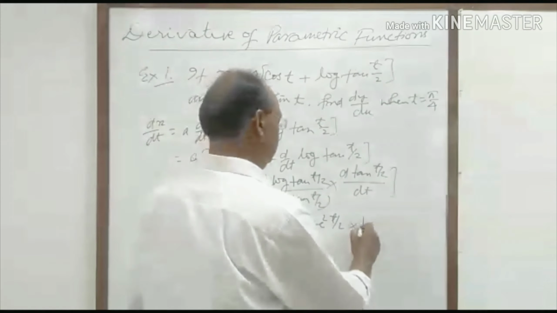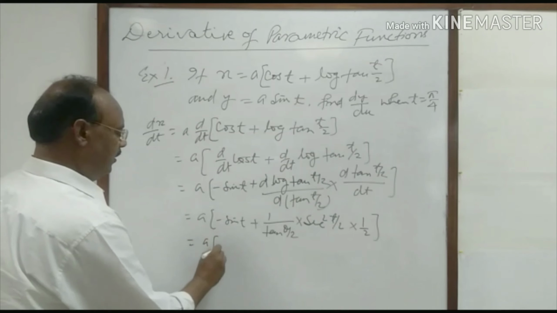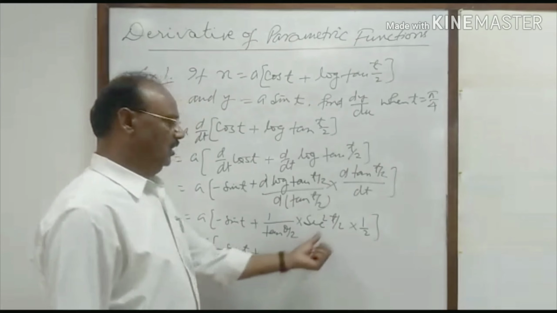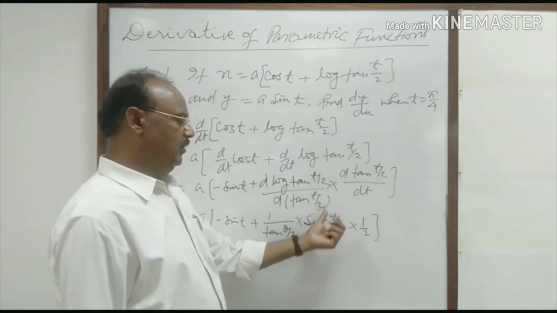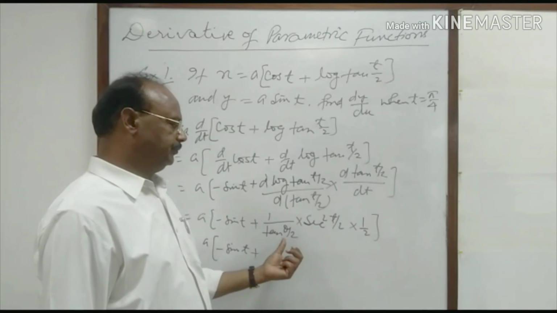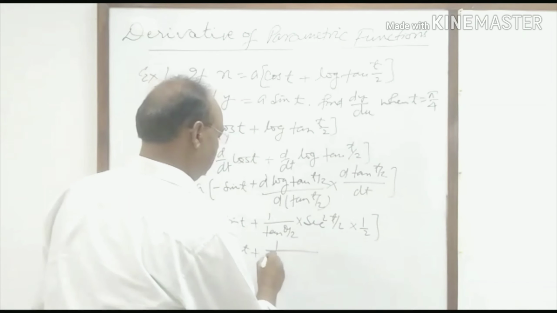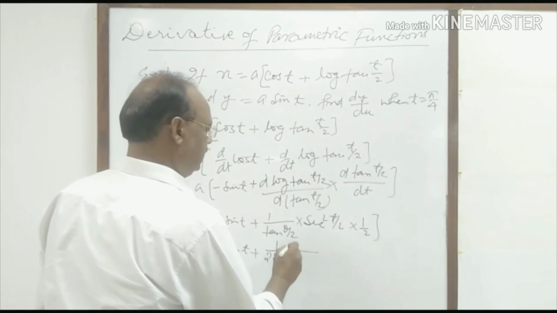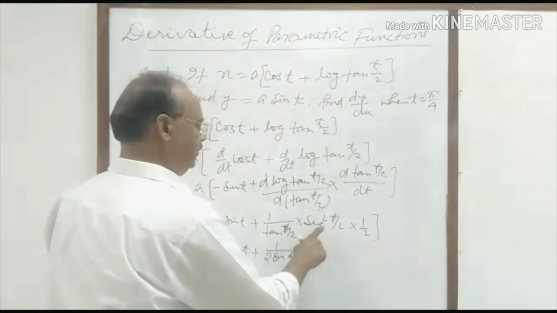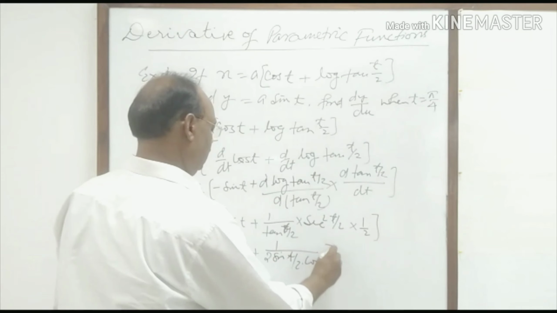So this will be equal to half, and this is equal to a times minus sin t plus, you can write sec square as 1 by cos square and tan as sin by cos. So, and this is 2. So this becomes 1 by 2 sin t/2 cos t/2 times... from here we will get cos of t/2.